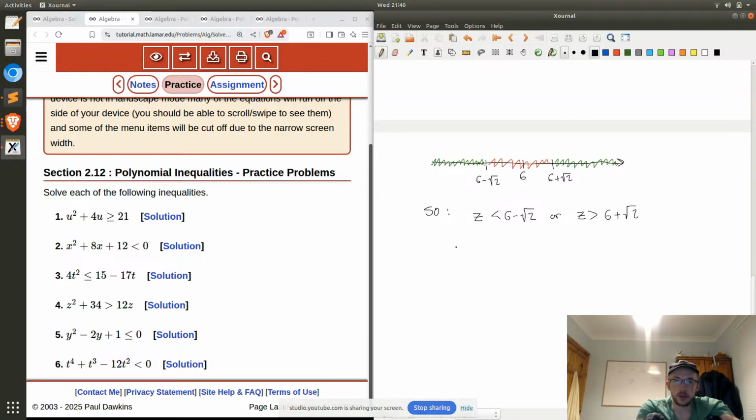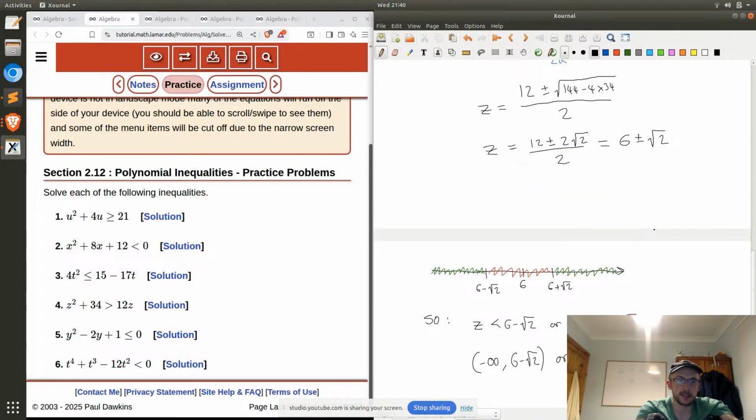And you want interval notation? Okay, negative infinity, 6 minus root 2, or 6 plus root 2, comma, positive infinity, and that solves it.